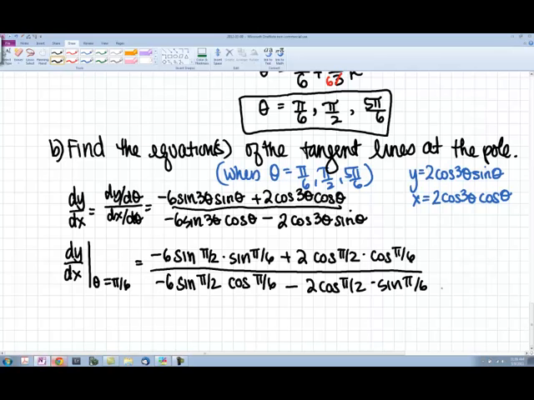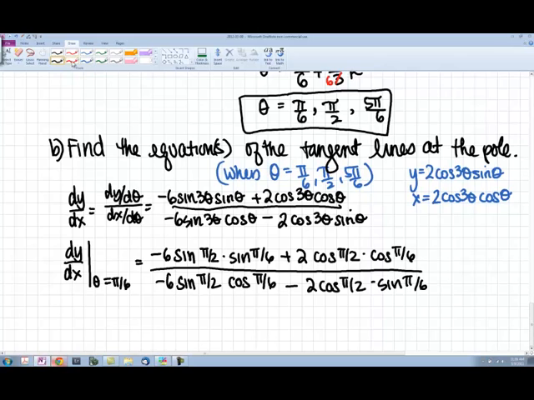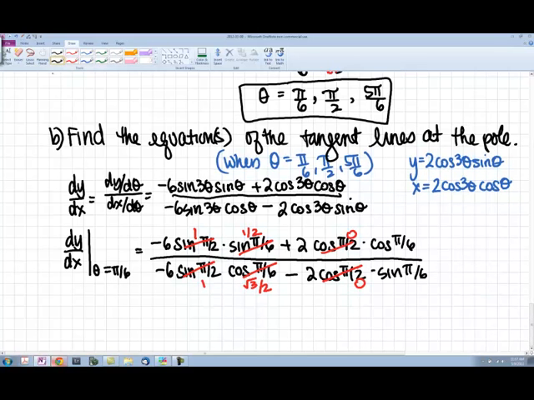And some of you will be good enough with your trig that you won't have to write them all down, but I am on this very first one. So sine pi over 2 is 1. Sine pi over 6 is 1/2. And cosine pi over 2 is 0, so I don't even worry about that other part. Sine pi over 2 is 1. Cosine pi over 6 is radical 3 over 2. And cosine pi over 2 is 0, so again I don't need to worry about that second half.